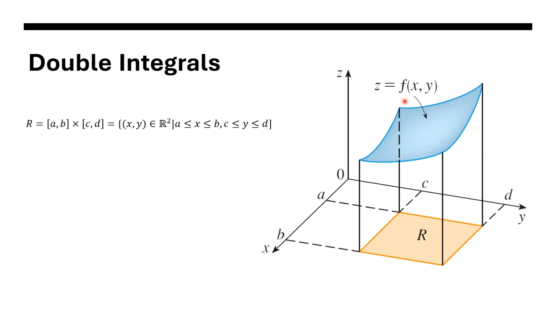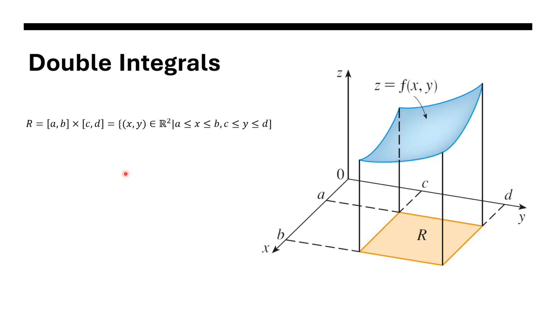So we can let S be the solid that lies above R and under the graph of the function f. Now you have your solid.